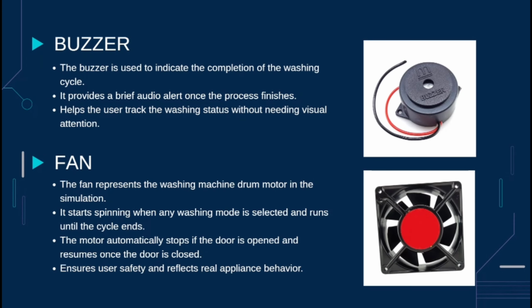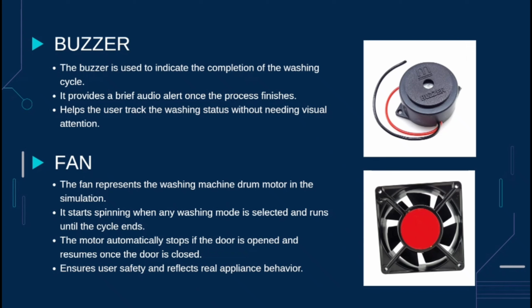The last two peripherals that we will be using in this project are the buzzer and fan. The buzzer is used to indicate the completion of the washing cycle, and it provides a brief audio alert once the process is completed. This helps the user track the washing status without having to visit the washing machine every time.